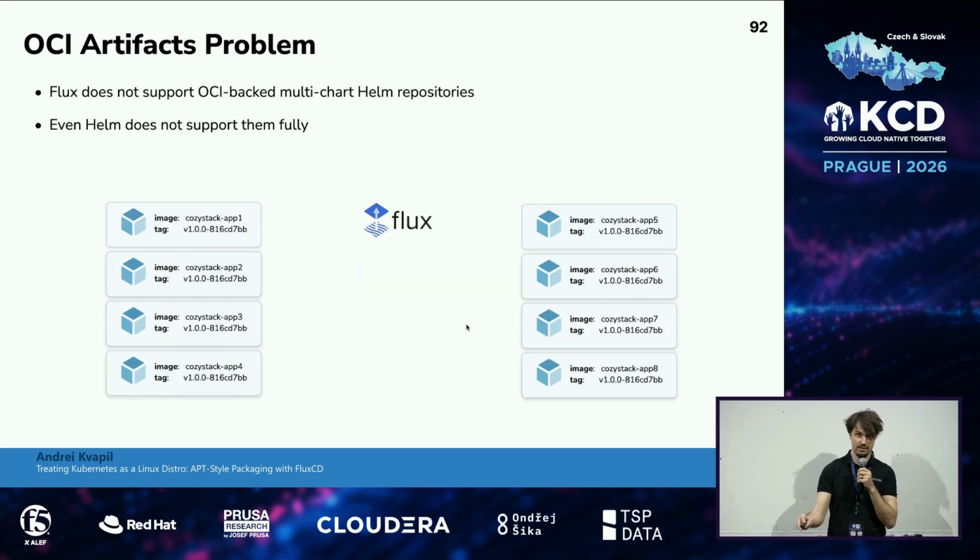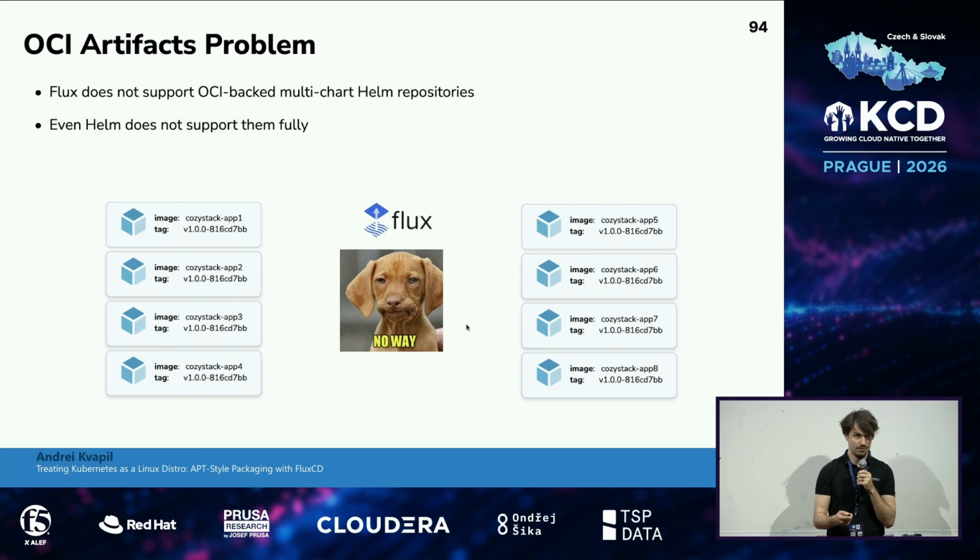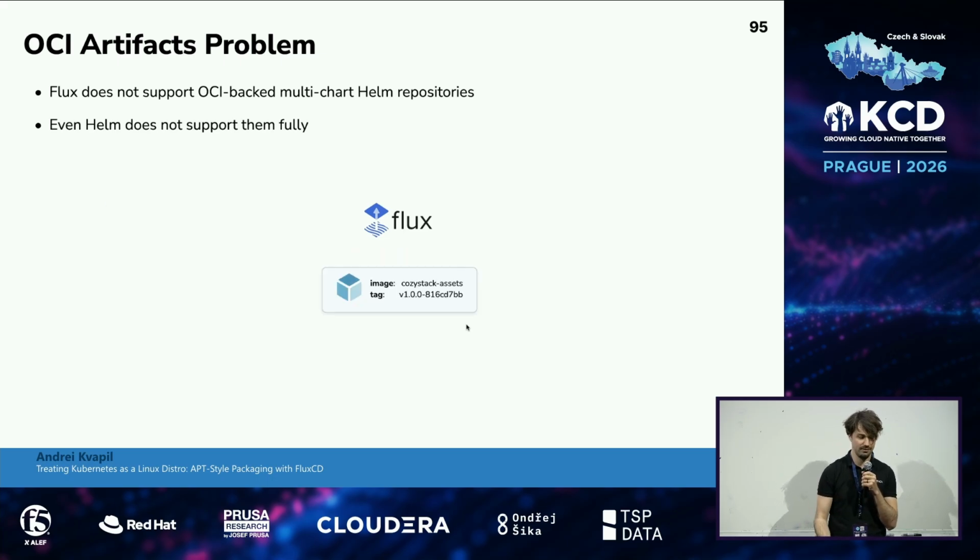To migrate to this new scheme, we would need to pack every chart for every component into a specific artifact, and these are actually multiple artifacts and no single point of truth. We didn't want to do this, and we started looking at how we can put all the Helm charts into a single image and download and install them from it.